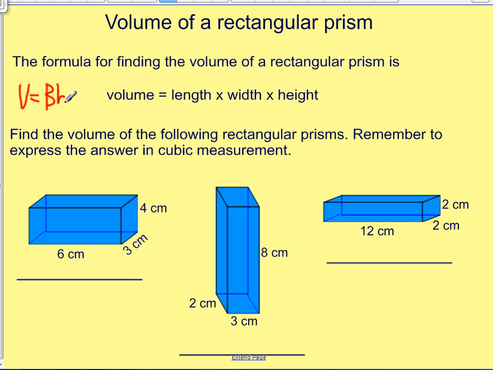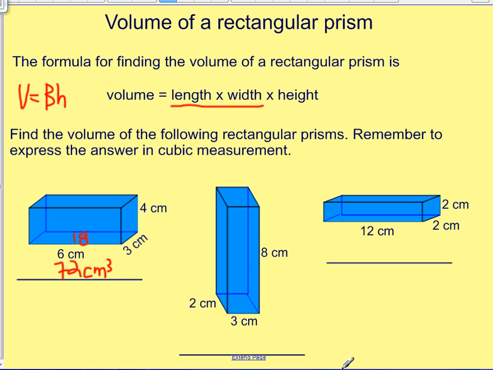If you break down the formula they give you, which is volume equals length times width times height, you know that length times width is in fact the area of a base. So I'm going to do 3 times 6, and I'm going to get 18 for my base, and then I'm going to multiply it by my height, which is 4. So 18 times 4 is 72, and we know it's centimeters, and we cube it.